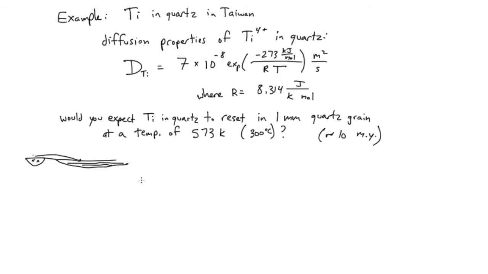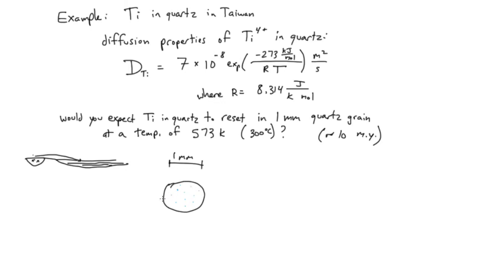And so the question was, if you have a quartz grain, so this is our 1 millimeter grain, we'll make titanium a little blue, because it's got a certain concentration of titanium. When it's heated up, that titanium is going to be unstable.